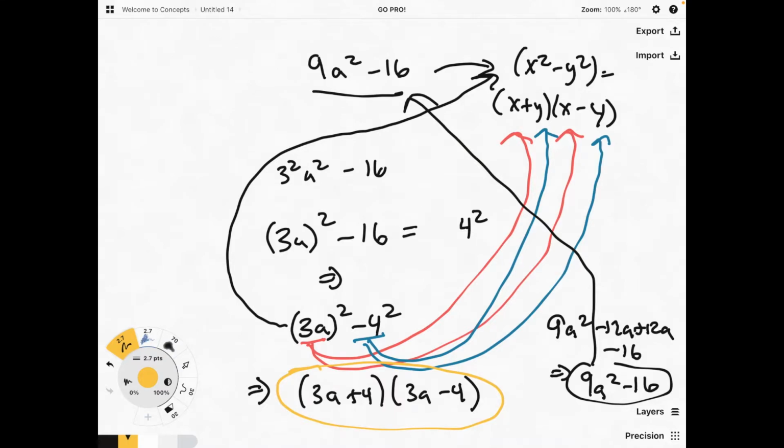This rule and the next two rules make it very easy because we do not have to guess the correct factors or the factor placement or the operation. It's a plug and chug, so it makes it very, very simple. So let's try another problem.